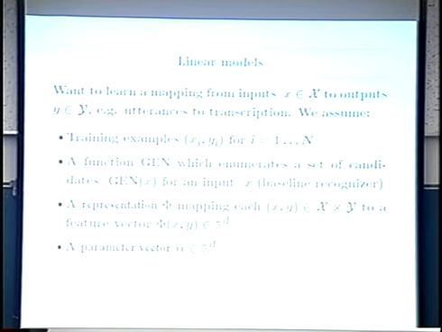Then there is the representation, which has a set of features, mapping each xy pair to a feature vector in d-dimensional real space. This representation is the n-gram counts in our case. And there's a parameter vector, alpha, which multiplies this representation vector. The linear part comes from this simple multiplication. There's a linear relation.